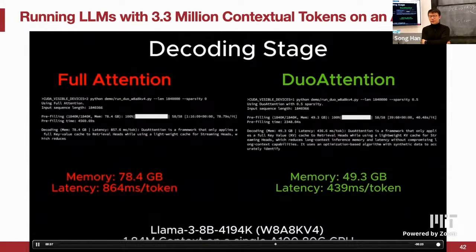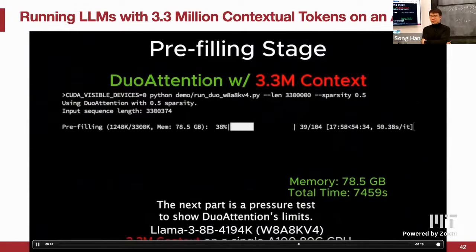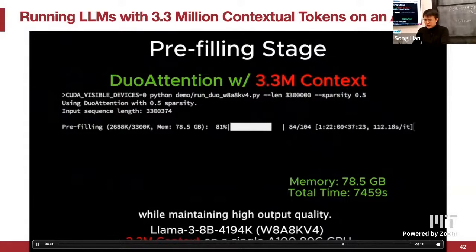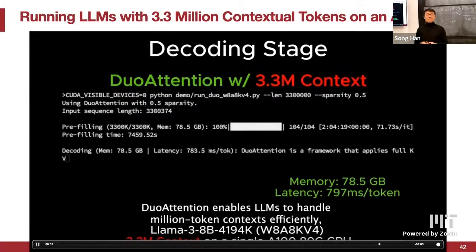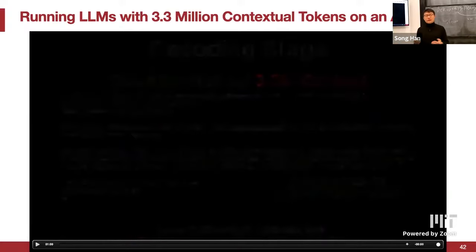Each token with full attention requires 864 milliseconds. Now it is halved as well, almost 2x speedup for both the pre-filling stage and the decoding stage. And we can fit up to 3.3 million tokens in the context. That's roughly a 3-hour video sampled at 1 frame per second, so we can understand the whole movie.